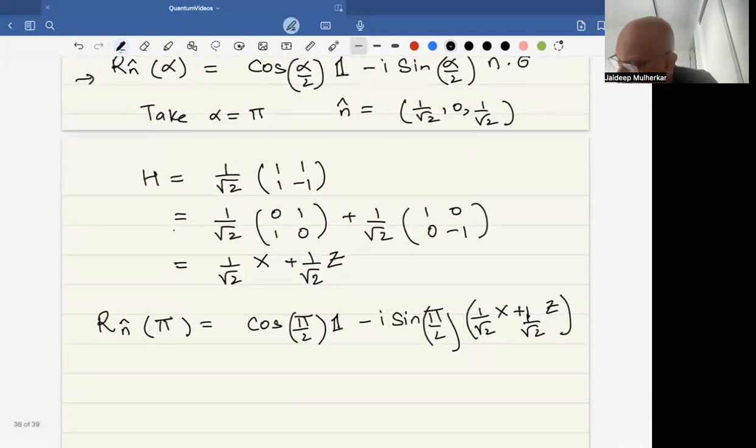Cos pi over 2 is 0. So therefore, this will get minus i. Sine pi over 2 is 1.